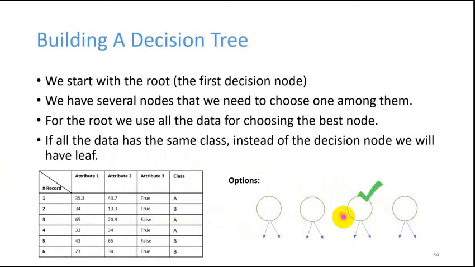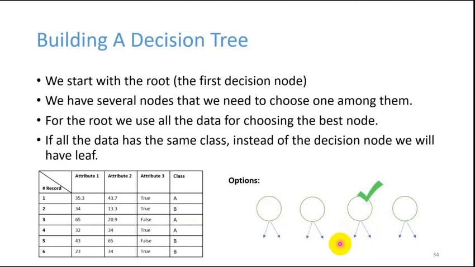After choosing the decision node with the highest score, or highest information gain, we split the data records into two branches. And if all the labels for the data records in one branch are the same, then we will have a leaf with that label.